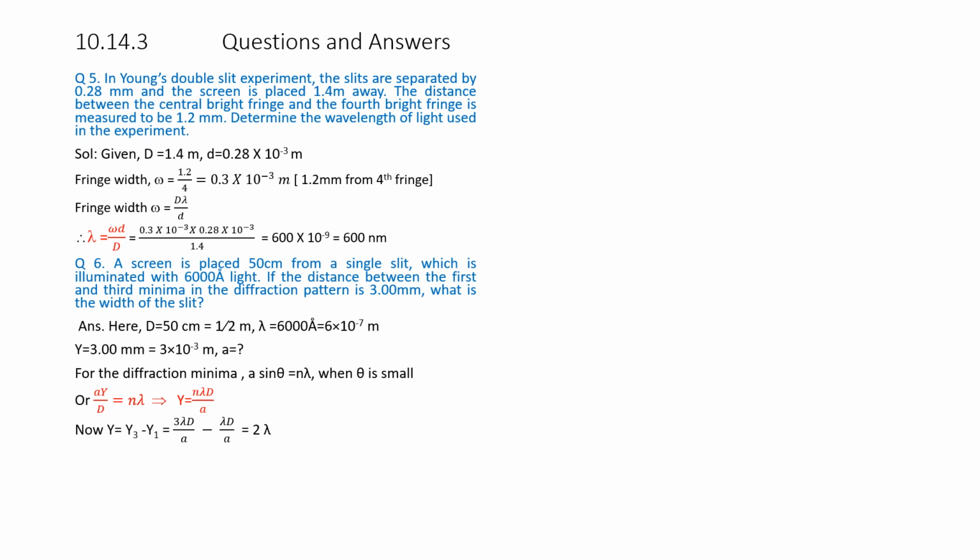Therefore, that is equal to 2 lambda D by a, so a is equal to 2 lambda D by x, that is equal to 2 into 6 into 10 to the power of minus 7 into 1 divided by 2/3 into 3 into 10 to the power of minus 3. Therefore, that is equal to 2 into 10 to the power of minus 4 meters.